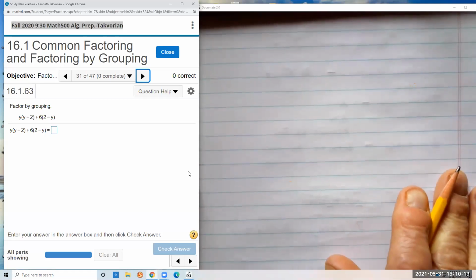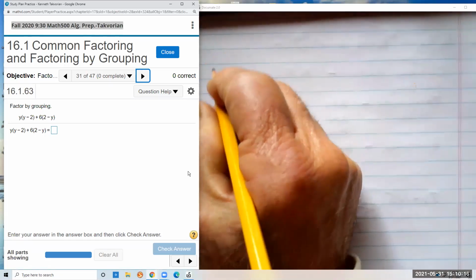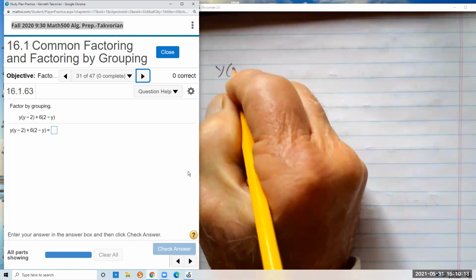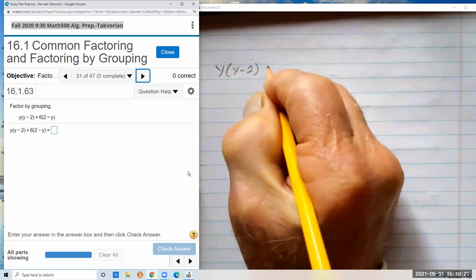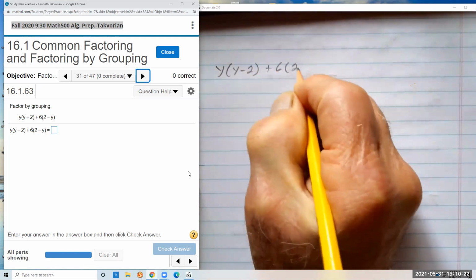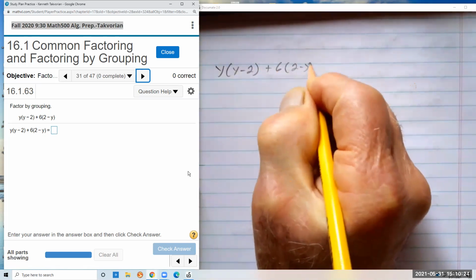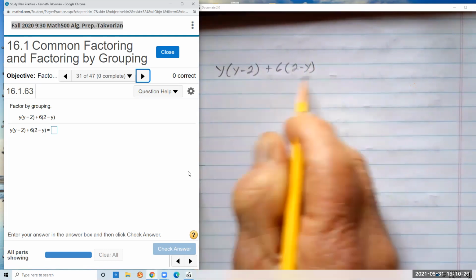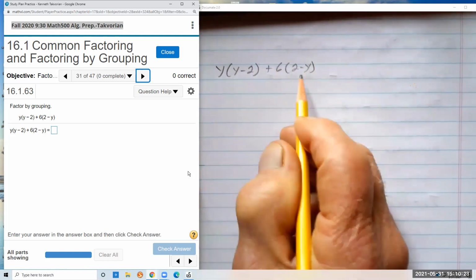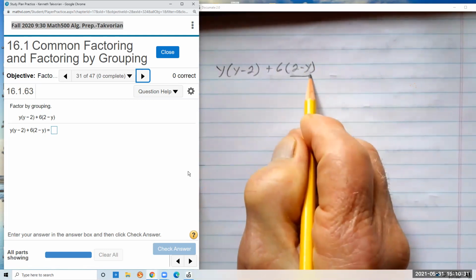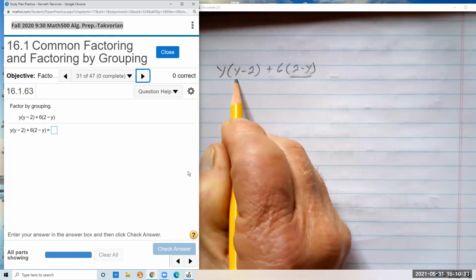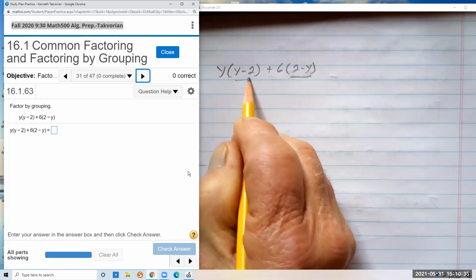We want to factor by grouping. If I write the problem out, y times parentheses y minus 2 plus 6 times parentheses 2 minus y. On the surface, we have nothing in common. But let's make an observation that the quantity 2 minus y is exactly opposite y minus 2.